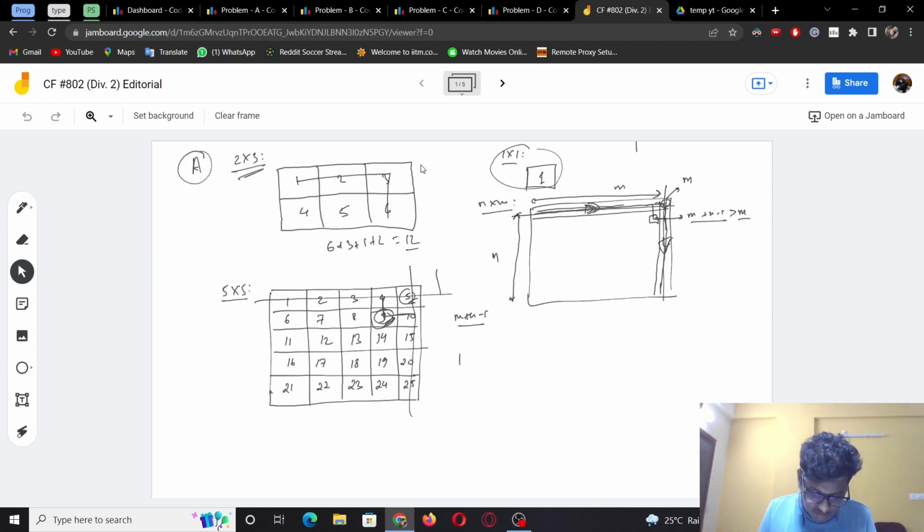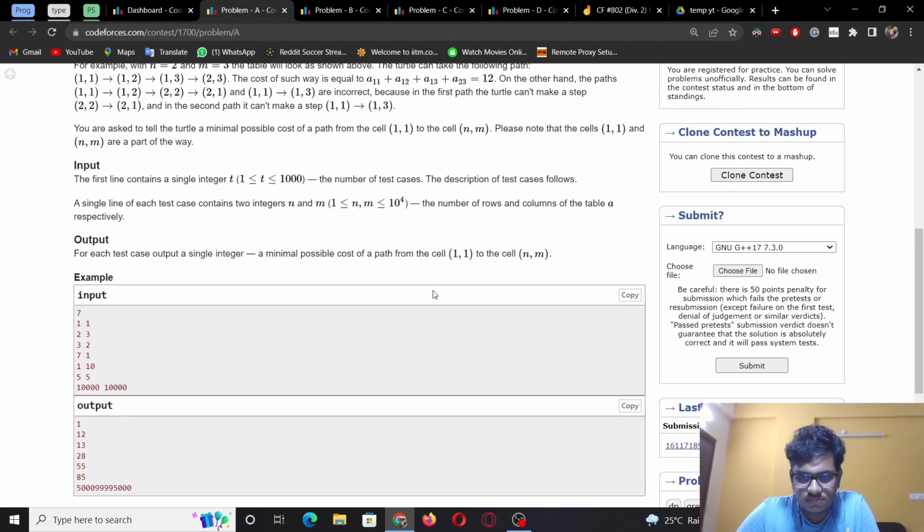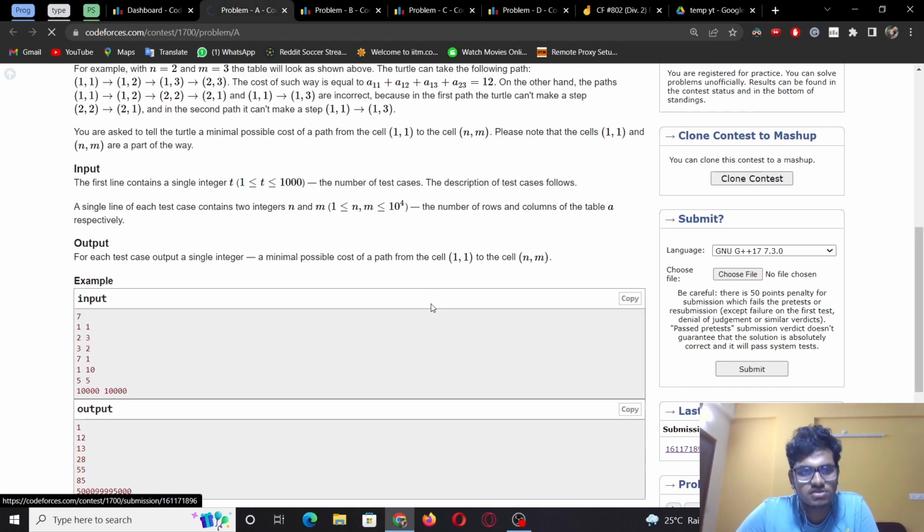The cost of this element is m, the cost of this element is m + n - 1, and for n greater than 1, the cost of this element will be greater. So the cost of a path will keep on increasing, and the most optimal path is the one that goes through the top row and the rightmost column. Now we have coded the same, as you can see here.